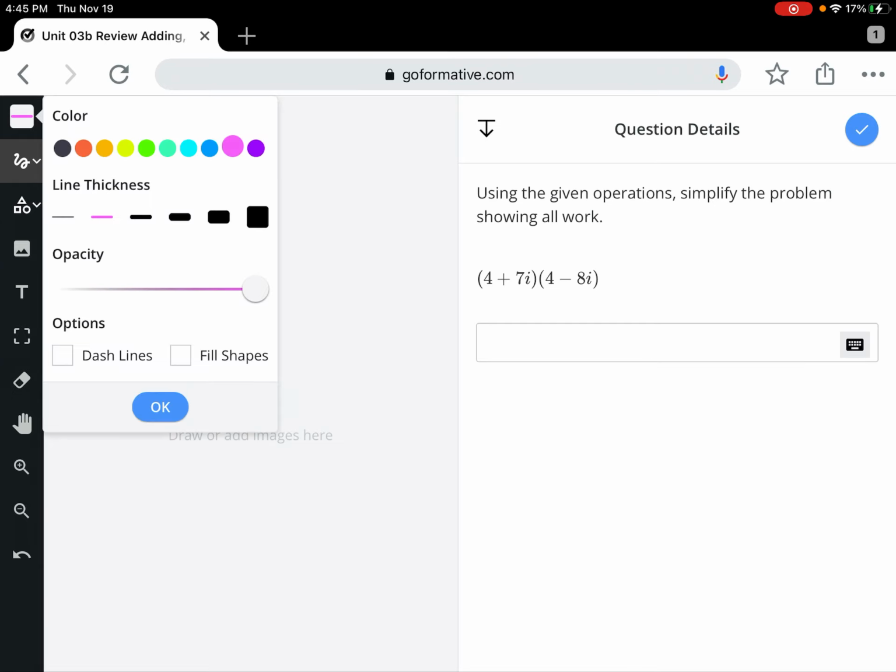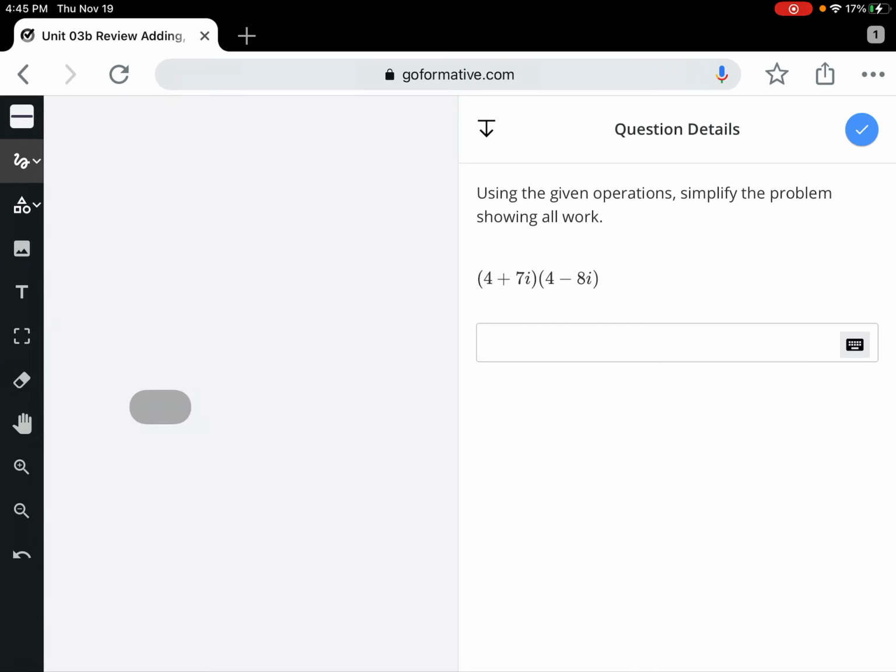Okay, this one right here is one of the ones where you should do your box method or FOIL. I'm going to stick with the box method just because I think most of you are familiar with it. So on one side is going to be 4 plus 7i, the other side is 4 minus 8i.